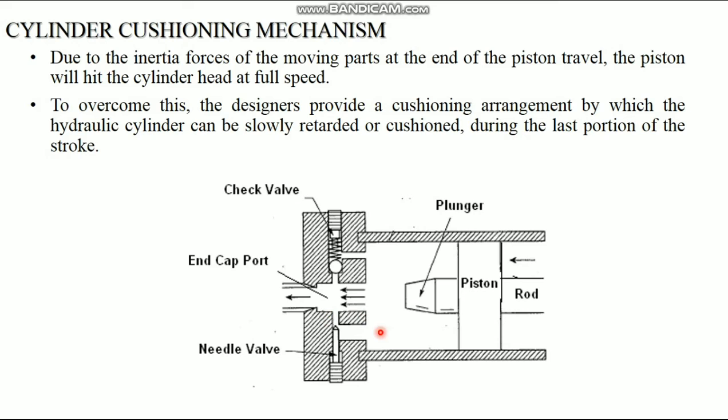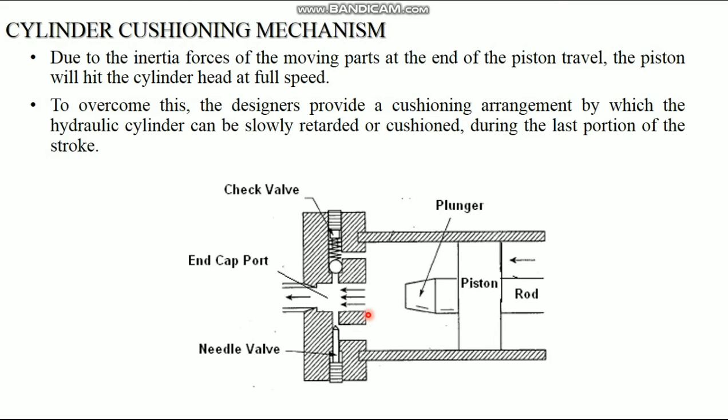Now we can see the working. When the fluid enters the rod end of the cylinder, the cylinder will retract. It comes with high speed, because there is almost no work during the retraction stroke.